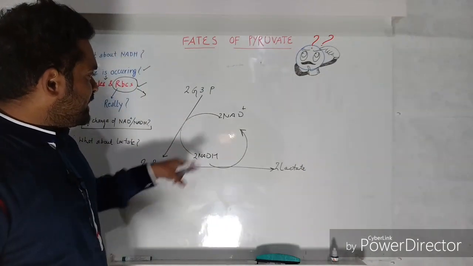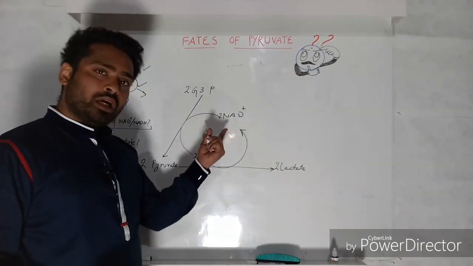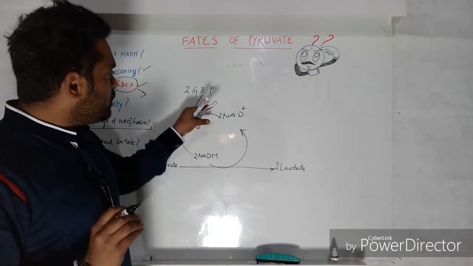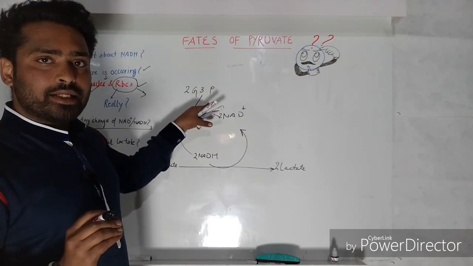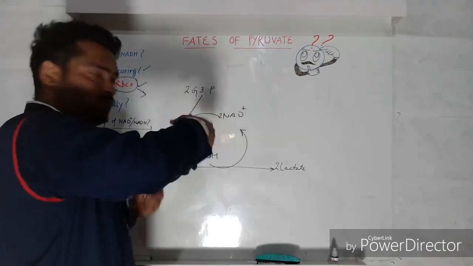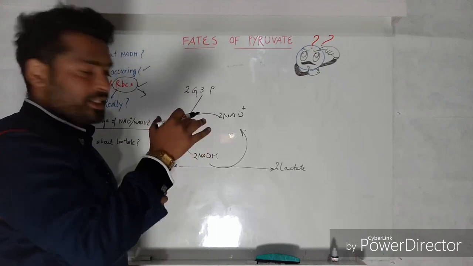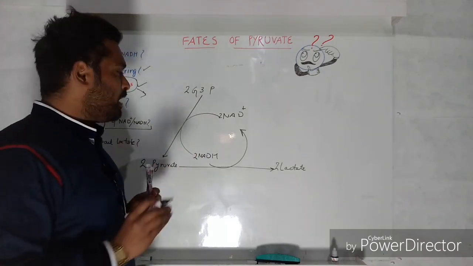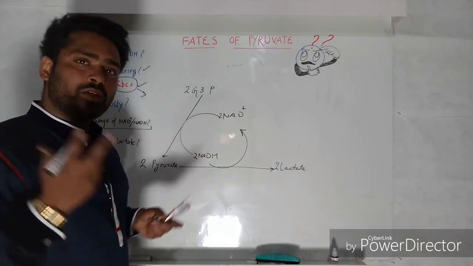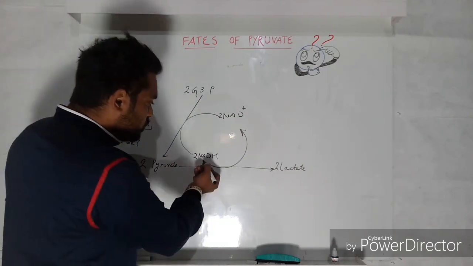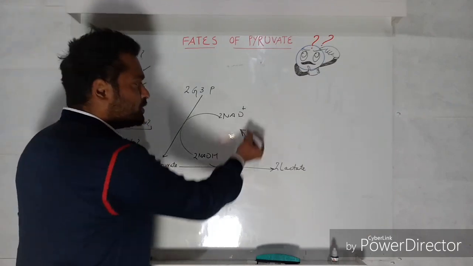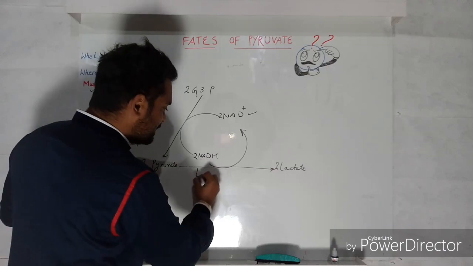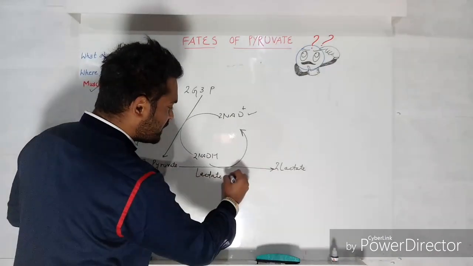So what we are seeing here is that 2 NAD positives we used to oxidize glyceraldehyde 3-phosphate, so that with the subsequent glycolytic reactions it can be converted into 2 pyruvate. How many did we convert to NADH? 2 NADH. And 2 NADH are getting converted into 2 NAD again with the help of the enzyme lactate dehydrogenase.